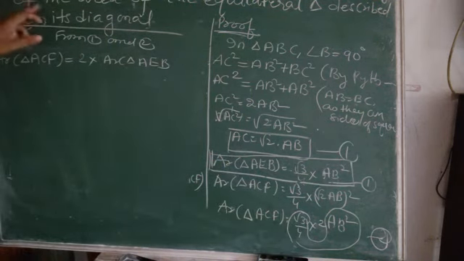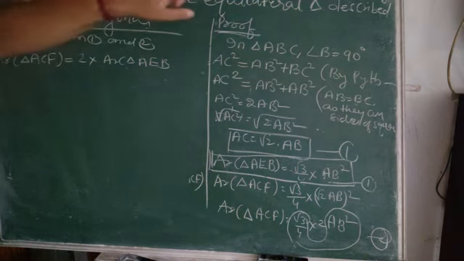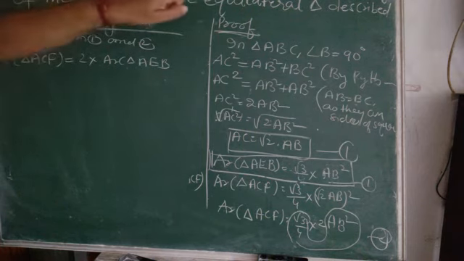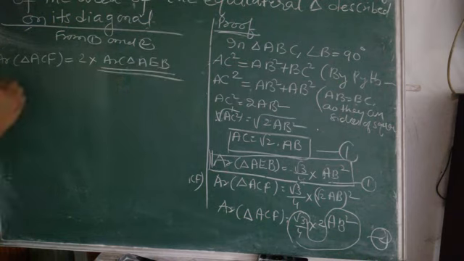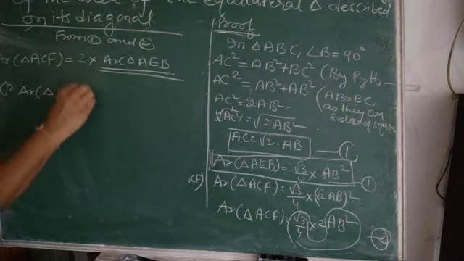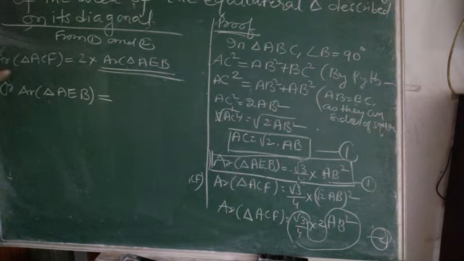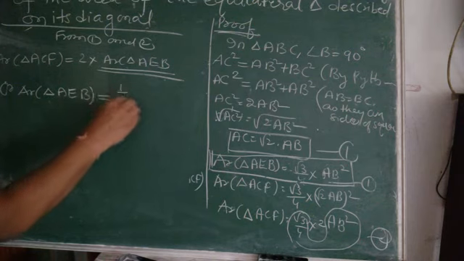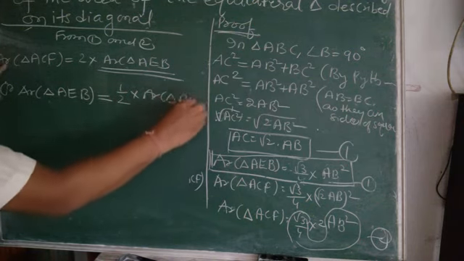So what we have to find out? Prove that the area of the equilateral triangle described on the sides of a square. Square means you have to write first this. Therefore, area of triangle AEB, as per the question, is equal to, this 2 goes that side and gets divided, 1 by 2 into the area of triangle ACF.